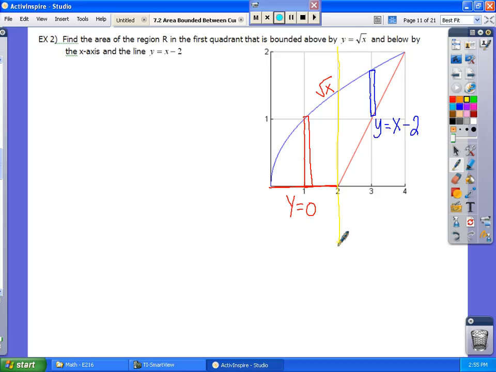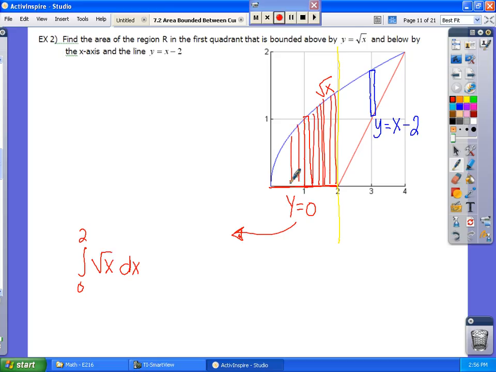So down here, our first integral will go from 0 to 2, the top function being root of x. The bottom function being 0 means that we don't really need to write it. The left side of the picture, which I'll shade with red lines, is just the definition of an integral, the area bounded between the function and the x-axis, and it is a net signed area.